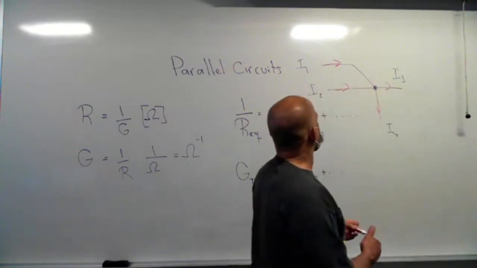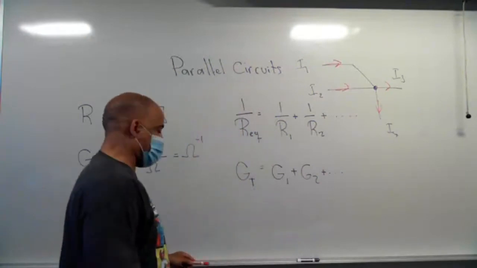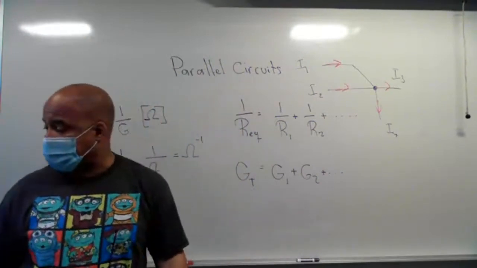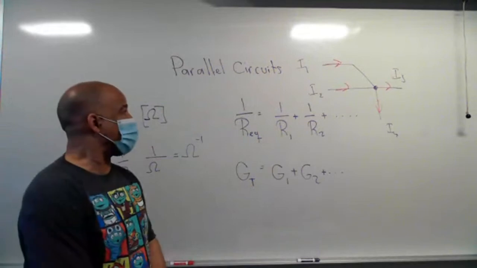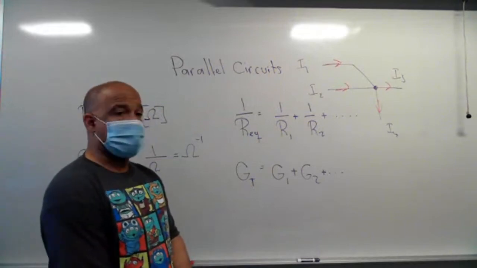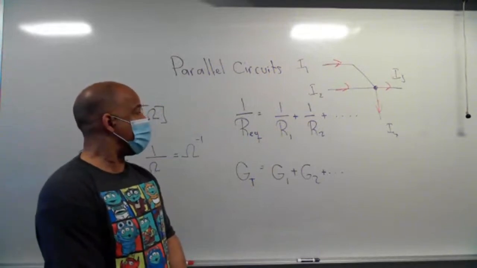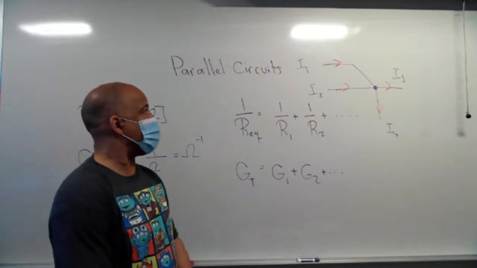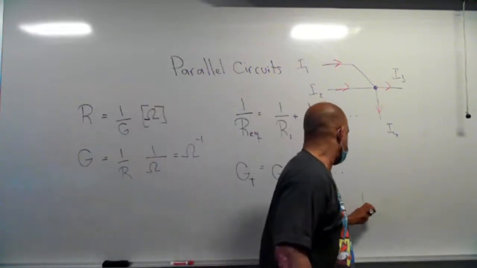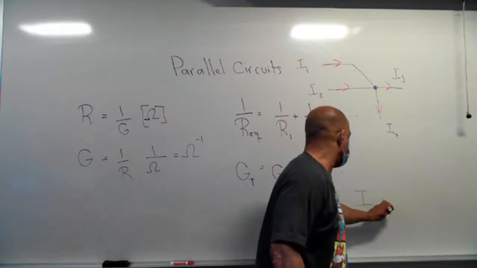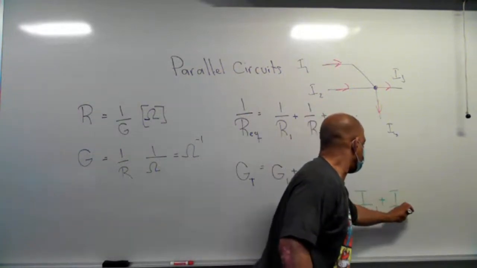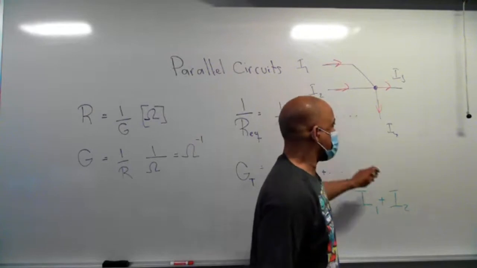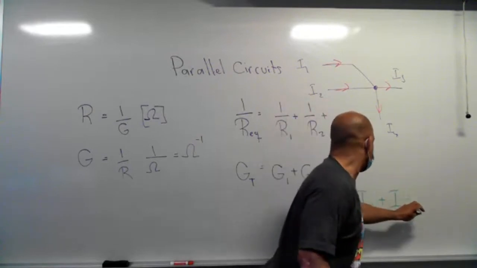So what would be the relationship between those currents? How would I write the KCL for it, the Kirchhoff's current law equation? I1 plus I2 equals I3 plus I4. What goes in has got to equal what comes out.